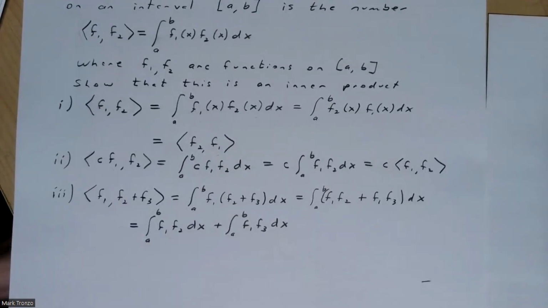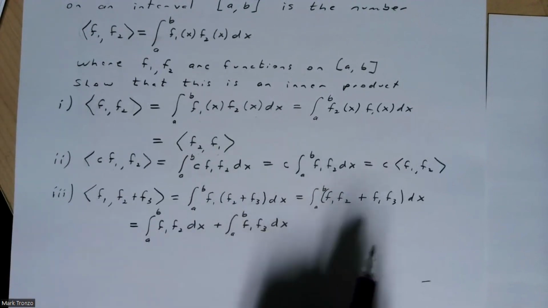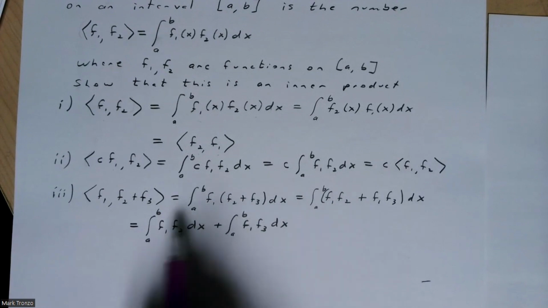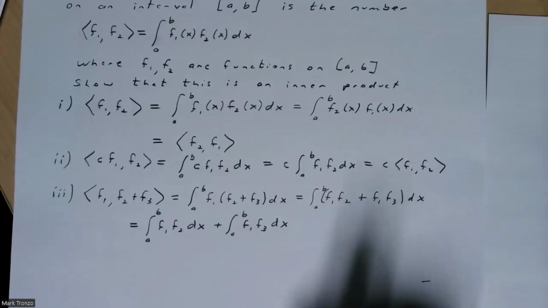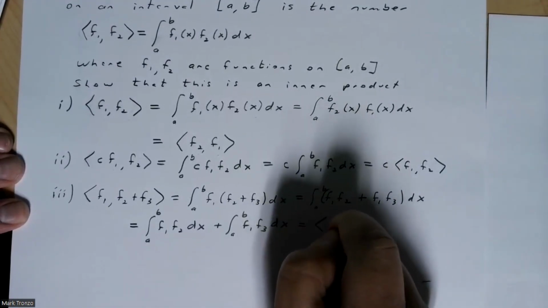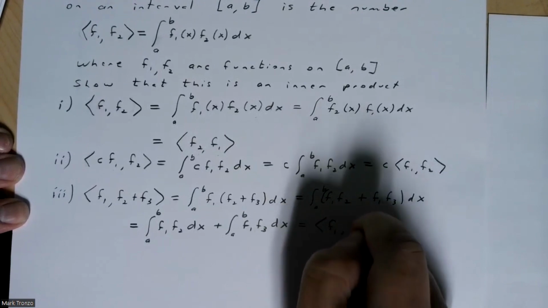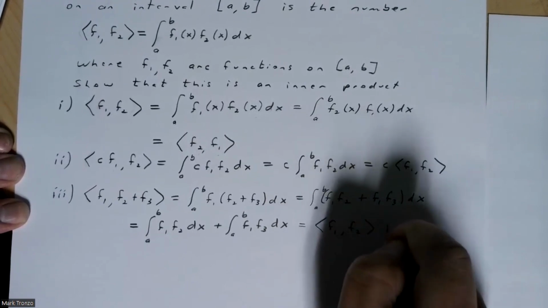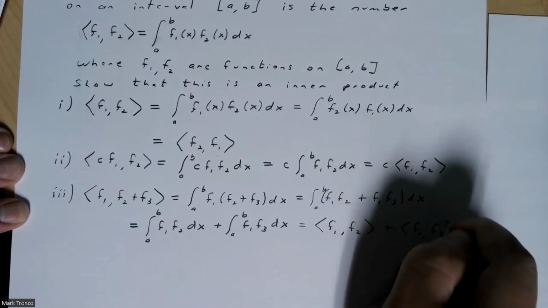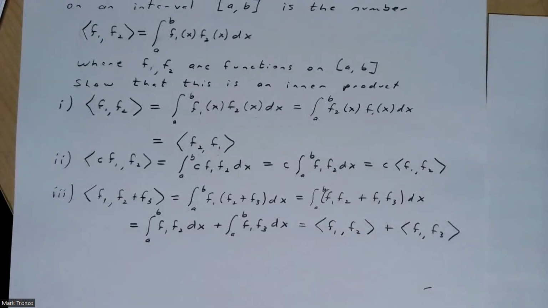So just by the properties of an integral, you're allowed to always say that the integral of a sum is equal to the sum of the integrals. And so now what does that leave us with? That gives us the inner product of F1, F2 plus the inner product of F1, F3. Which is what we wanted to show.